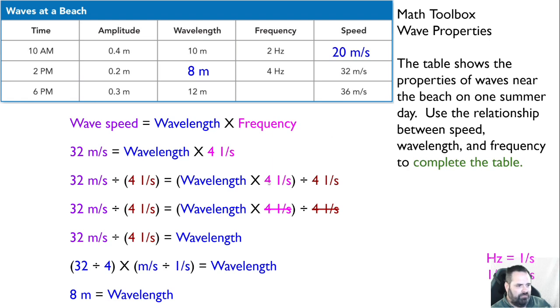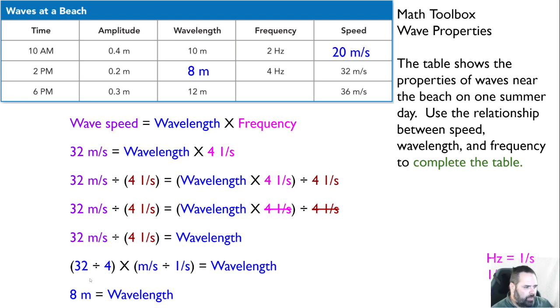So we're going to take the 4 hertz, 4 per second, and divide both sides by 4 per second. On this side of the equation, that's going to cancel out the 4 hertz, because you're dividing 4 hertz by 4 hertz, right? On the other side, we're going to go ahead and work this operation. So I'm going to rewrite that really quick just so that it's clear, right? We got 32 meters per second divided by 4 hertz is equal to wavelength.